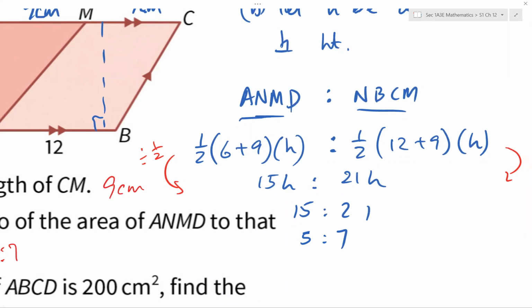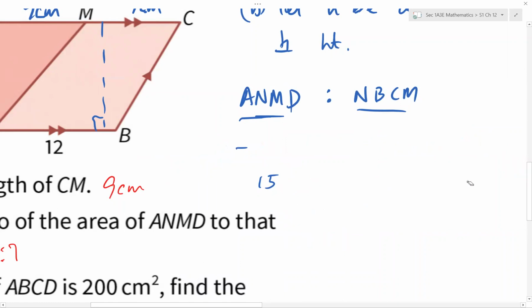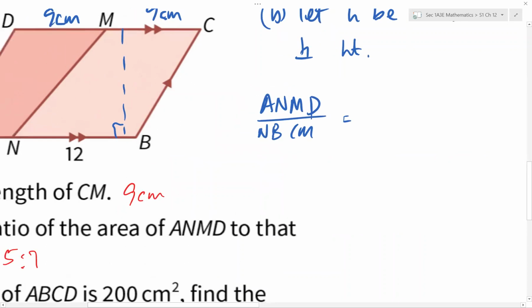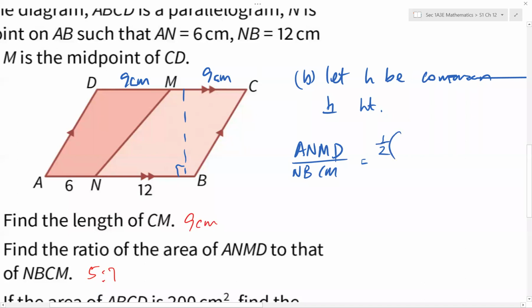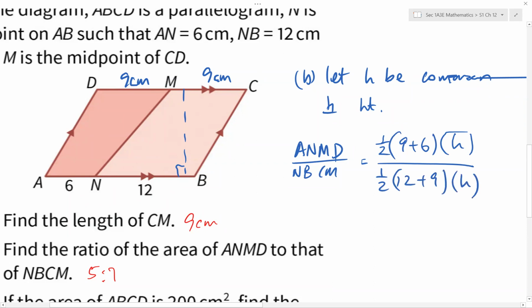The alternative presentation, ANMD and NBCM. So by writing it as a fraction, half times the sum of the parallel sides, 9 plus 6 times h, over half 12 plus 9 h again.